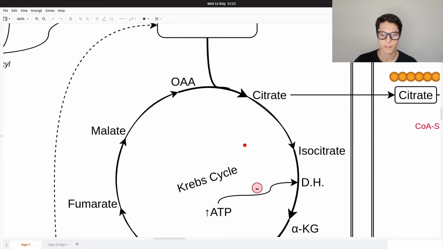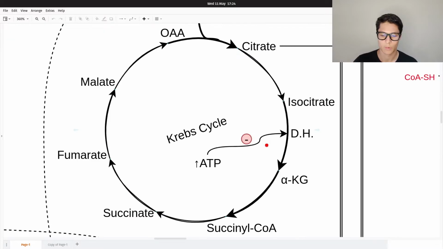So for fatty acid synthesis to occur, we need high amounts of citrate. Why is that? Because when we already have too much ATP, the enzyme isocitrate dehydrogenase, which converts isocitrate into alpha-ketoglutarate, is inhibited by ATP.